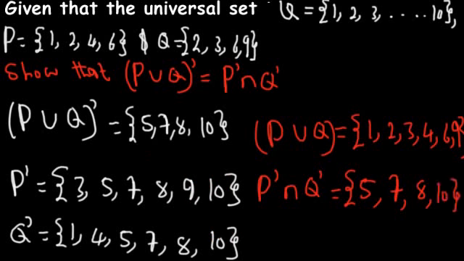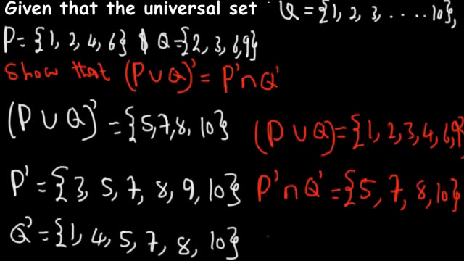Now, what do we observe? Is there another common value? There's none. So what do we observe between this and this? It turns out that the elements in P union Q prime are also equal to the elements in P prime intersect Q prime.